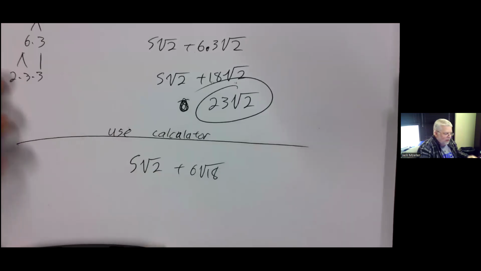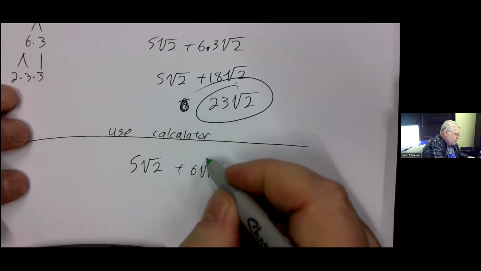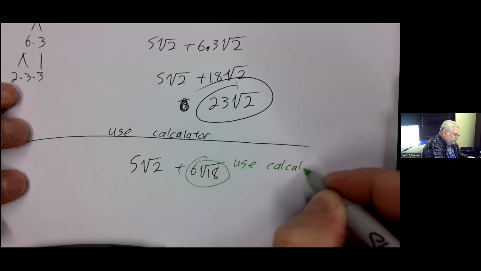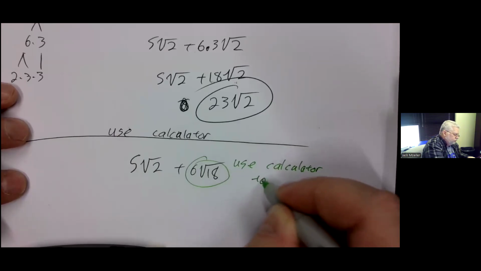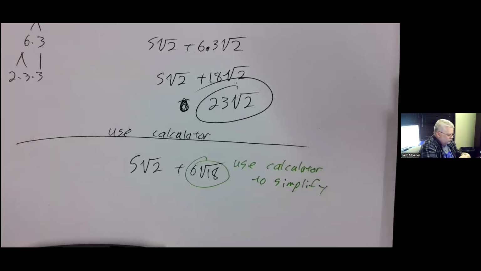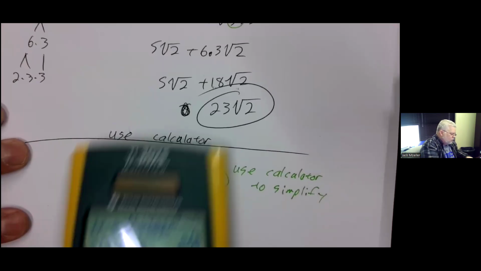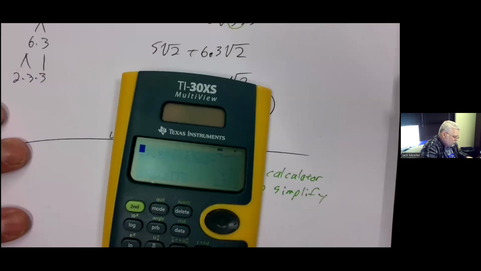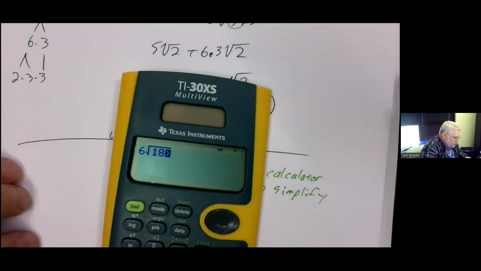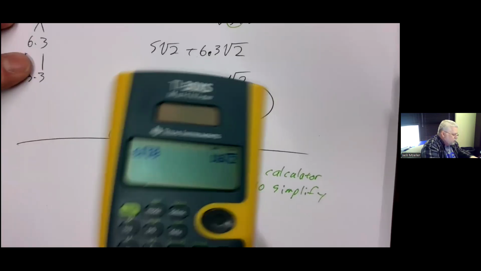So we're going to compromise. Here's my compromise: use the calculator to simplify. And so how do you simplify 6 square root of 18? So 6 square root of 18 is 18 square root of 2.